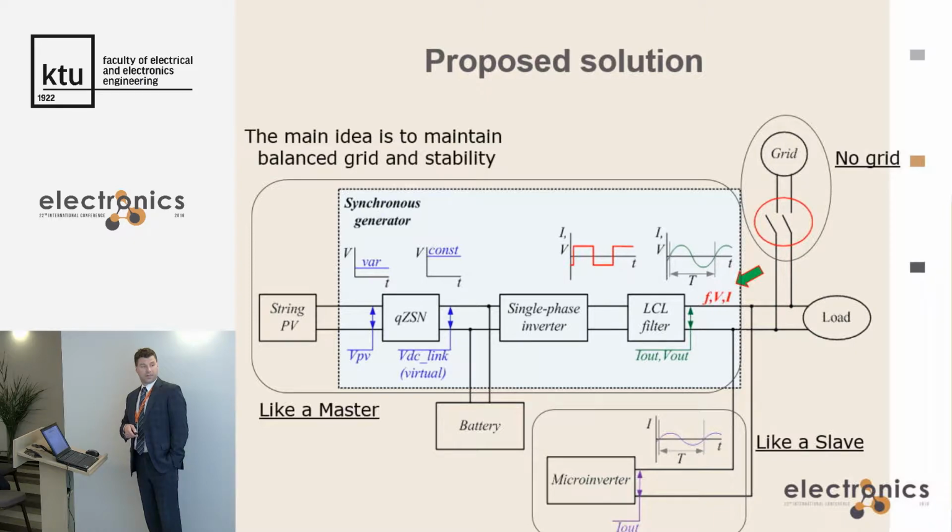Also, some battery can be added in the DC link, but it is not mandatory. And since the primary voltage source is not very stable, it is usually pre-regulated in some DC-DC converter in order to keep the DC link voltage at the rated level.